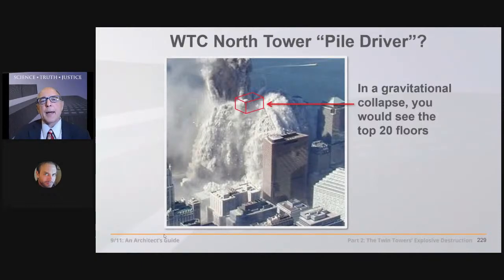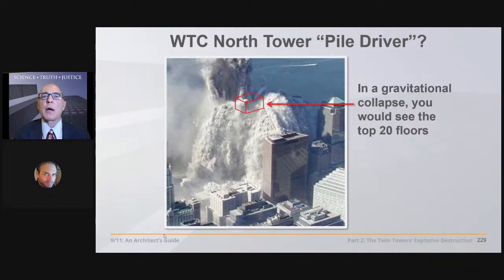And then in none of the photos or the videos do you see a top part of this building crushing the rest of the building. It's gone. We already saw it started destroying itself in the first 3 seconds. After that, there's no top part of this building visible in any of the photographs or videos.